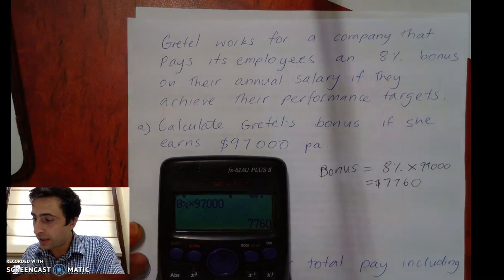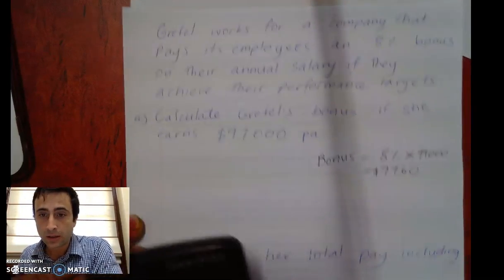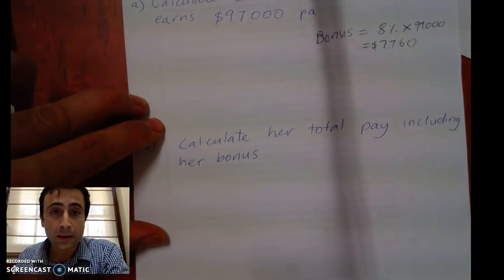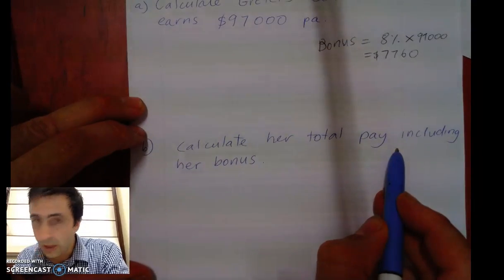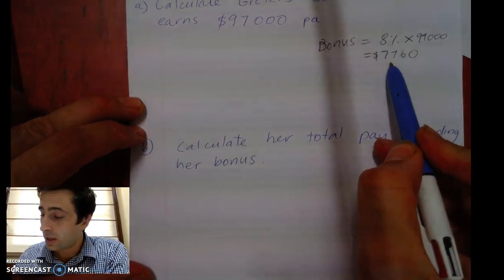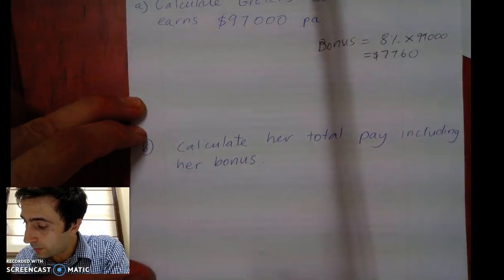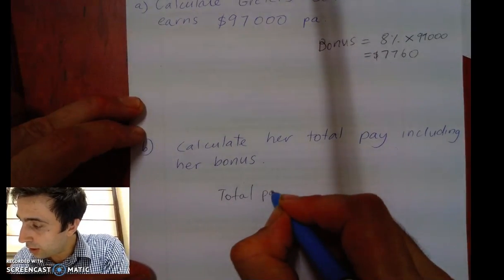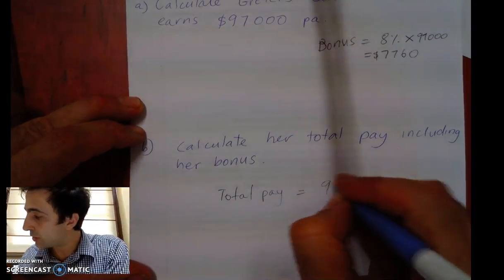Now let's have a look at the second half of the question. Calculate her total pay including her bonus. So if she gets a bonus of $7,760, then her total pay would be $97,000 plus $7,760.